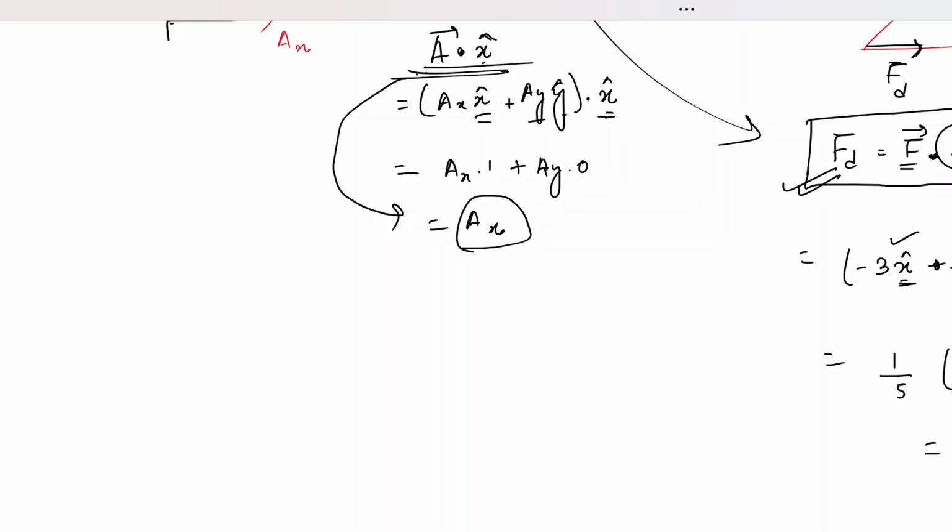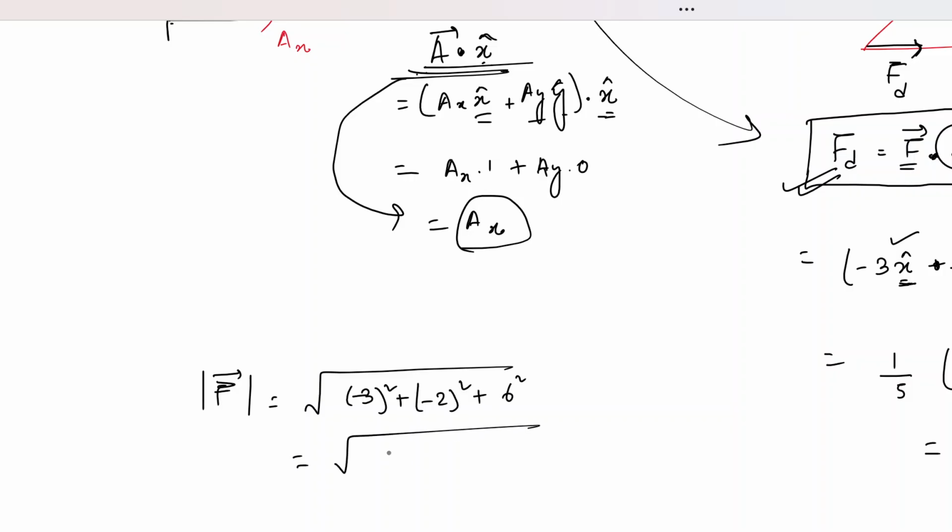Now the question was whether this value is smaller, greater or equal to the actual magnitude of the total force. So you can also calculate the magnitude of the force. The F vector magnitude is the square root of minus 3 squared plus minus 2 squared plus 6 squared. This is 9 plus 4 plus 36, which is 7 Newton.